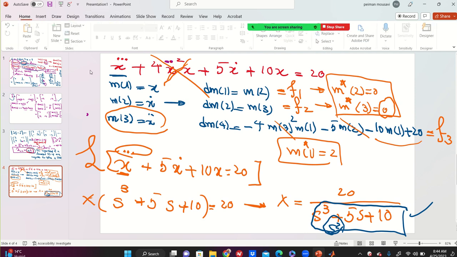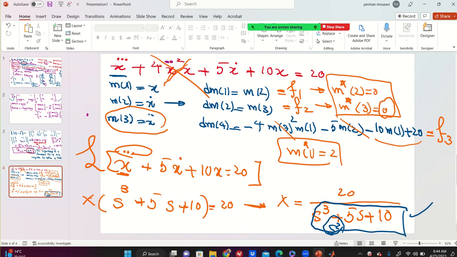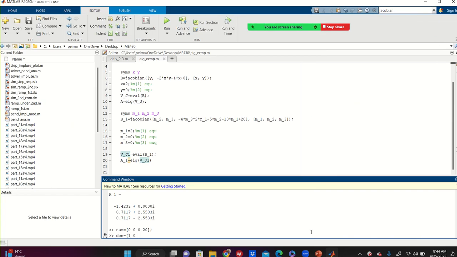Now, even if I use the things that you're now experts at in MATLAB, saying your num is 0, 0, 0, 20, and then the denominator is 1, 0, 5, and 10. This is num and the denominator, a third order system.